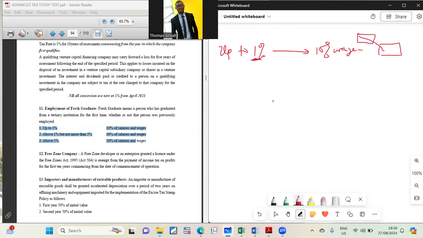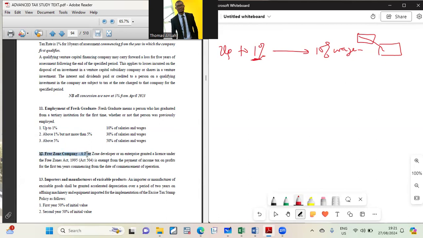Please, it is the wages and salary for those fresh graduates only. If those people are above 1%, but not more than 5%, you get 30% of the wages and salary. If they are above 5%, you get 50% of the wages and salary. So these are exempts you get. It is good for the SMEs, but not much more for the multinationals. All right. So that is that.